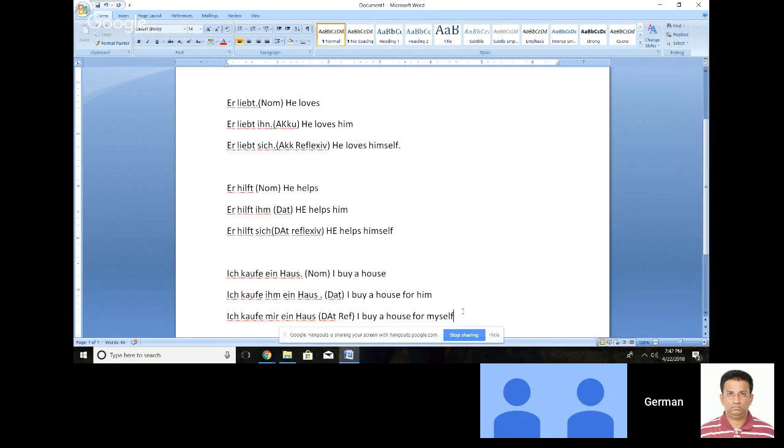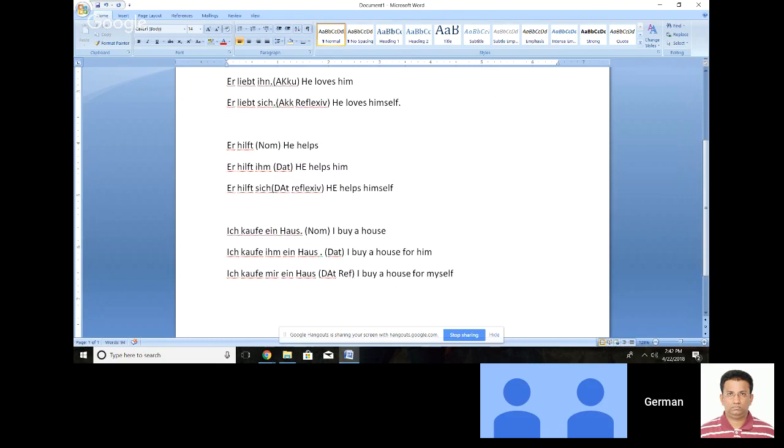Some verbs have a fixed use as reflexive, where we do not use reflexive verbs in English, like sich freuen, which is to be happy. We also have some fixed prepositions associated with reflexive verbs or normal verbs as well, which we'll be learning in a few seconds.